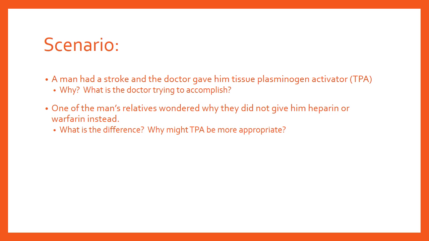So before we talk about this scenario, let's talk about plasminogen. What is plasminogen? Plasminogen is a plasma protein which is a proenzyme. As we remember, almost everything in the blood that circulates in relation to clotting or coagulation is inactive.